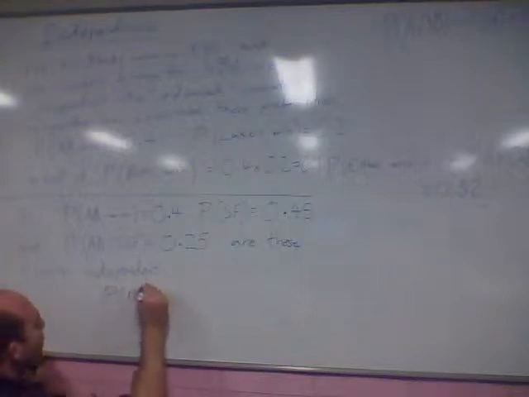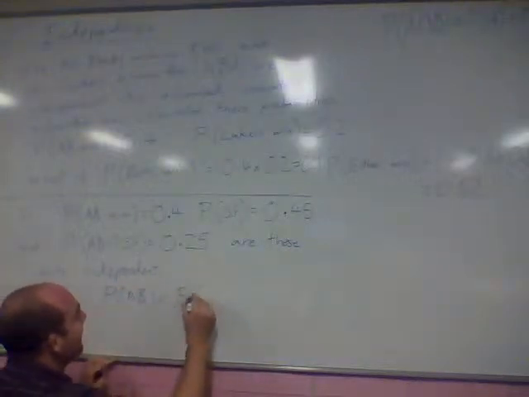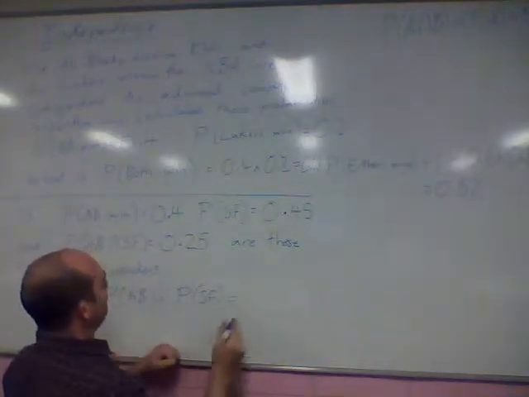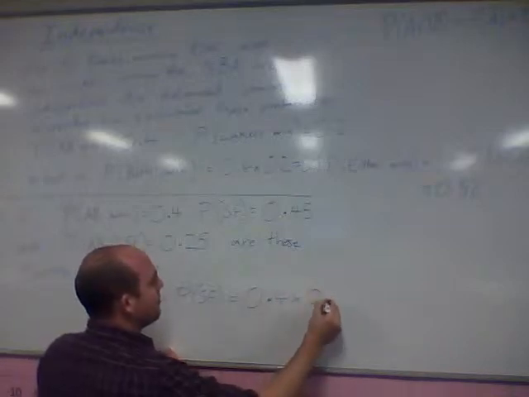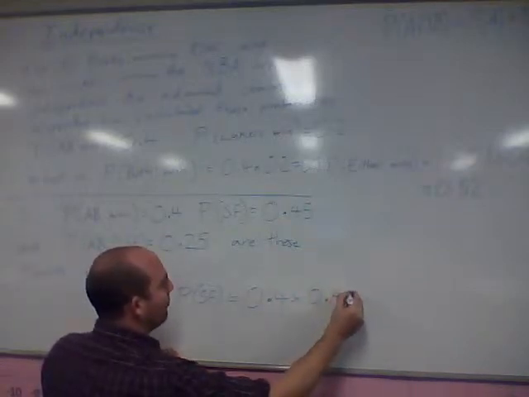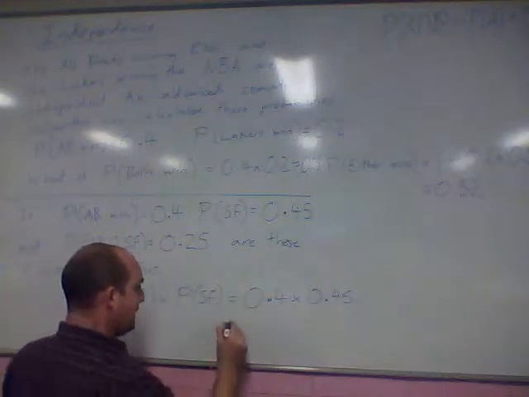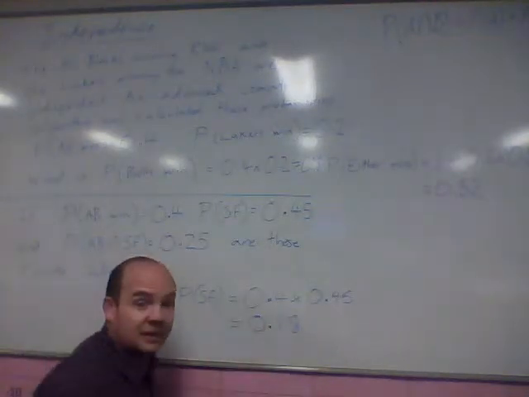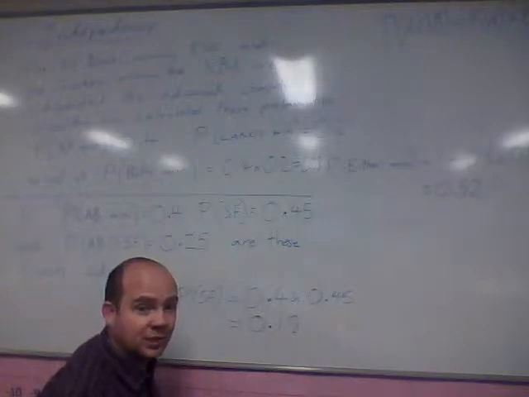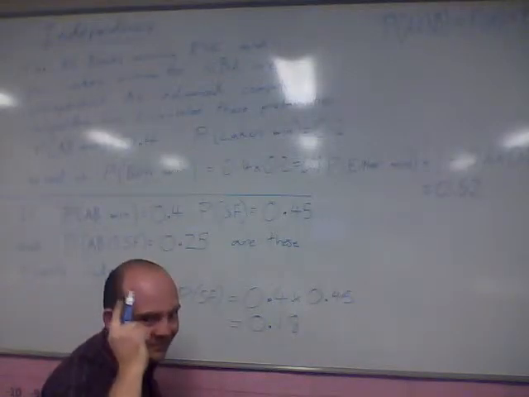P(AB) times P(SF), All Blacks, Silver Ferns, that would give me 0.4 times 0.45. That's going to give me 0.18. Yes, that is right.